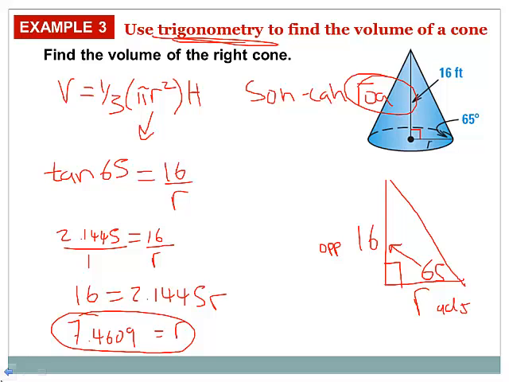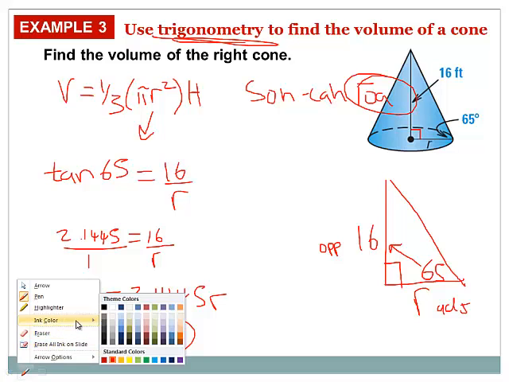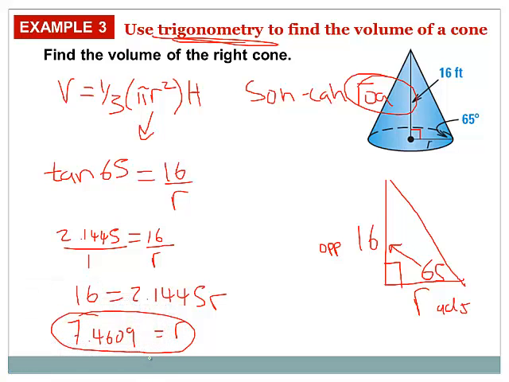Once we found the radius, now let's actually find the volume of the figure. So all I have to do is find 1/3. So we got volume is equal to 1/3 pi, which you can use the button for, or you can use 3.14 unless it's specified. So we got 7.4609 quantity squared, then times the height, which is 16.